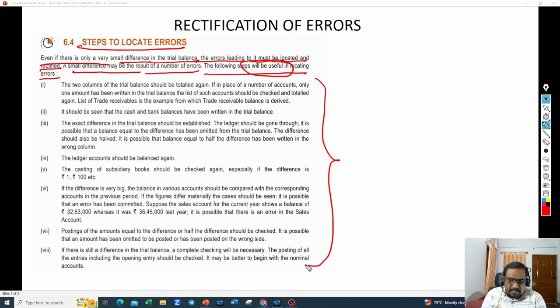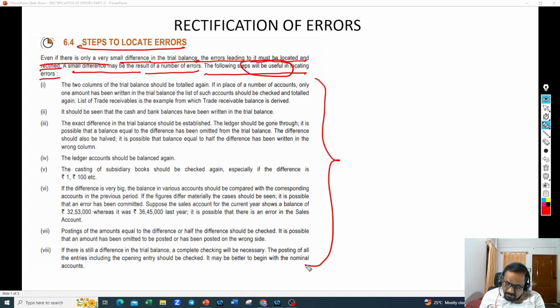You can still think of some more ideas, some more points where you can figure out the error, right? So let us understand these 8 first, and you can think on your own to identify some more points.